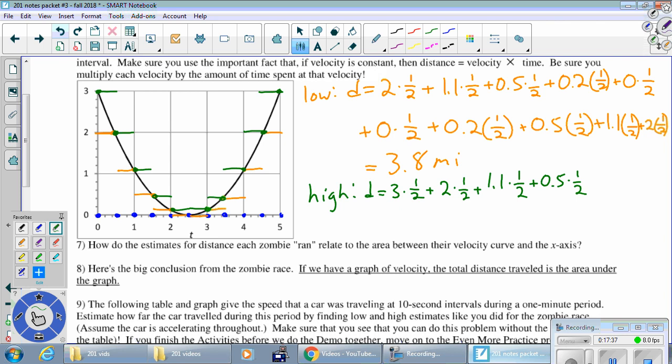And then, so that's the first 1, 2, 3, 4. And then 0.2, so that's our fifth one. And then our sixth one is exactly the same as the fifth one. So that was the 0.2, and now we're doing this next 0.2 right here. And then they just reverse.